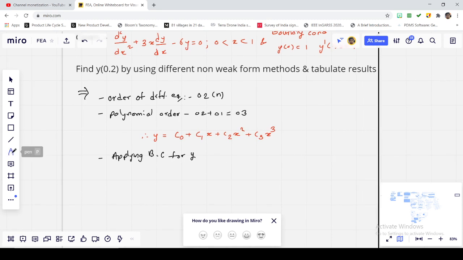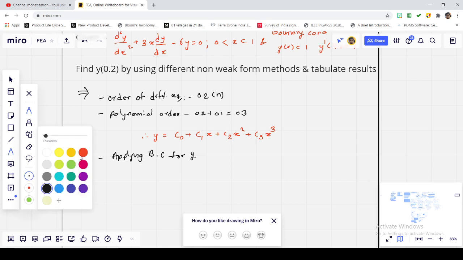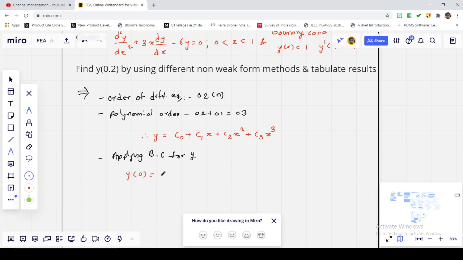Let us take our first boundary condition: y at 0 is equal to 1. If I substitute x is equal to 0 in this equation, this term becomes 0, this term becomes 0, this term becomes 0, and you get c0 is equal to 1.